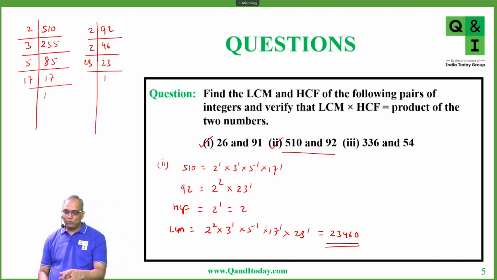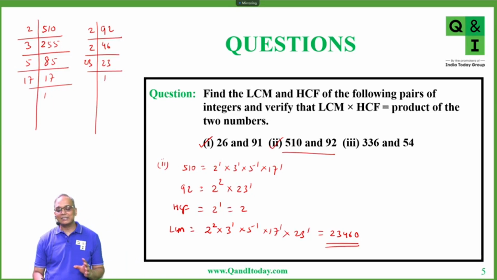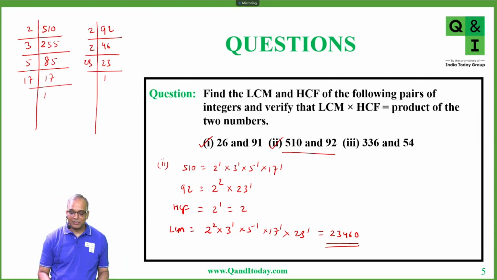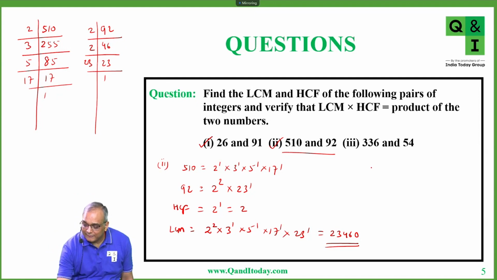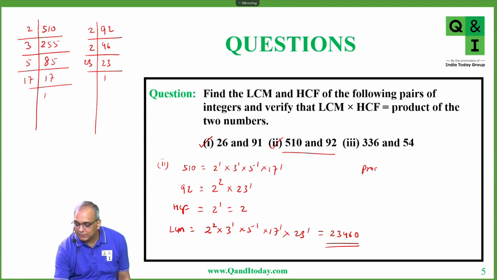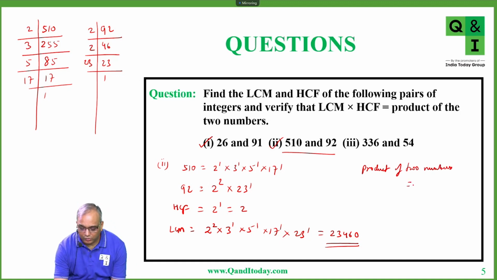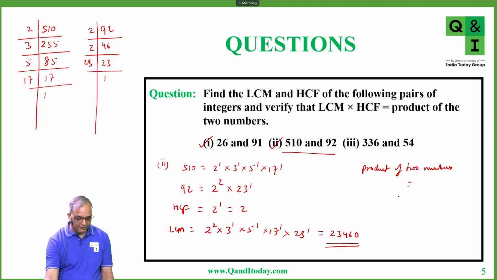In this question, you also had to verify in all the parts that LCM into HCF is the product of two numbers. Let's verify it here. So product of two numbers, that means you have 510 into 92.